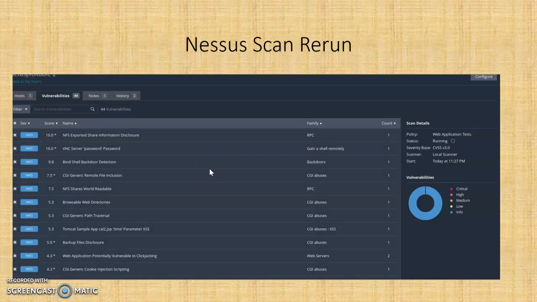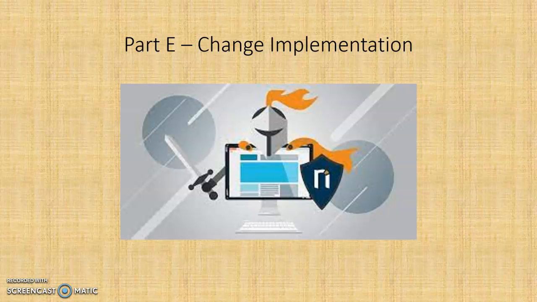I reran the Nessus scan, and as you can see, the previous vulnerabilities are no longer shown. The telnet, the SMTP, the PHPMyAdmin was updated to version 5.3.13, and the rest of the applications were upgraded.